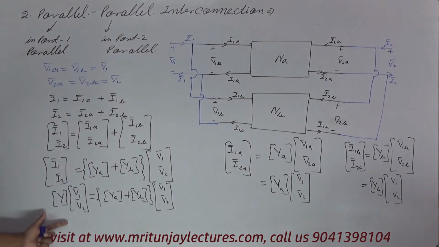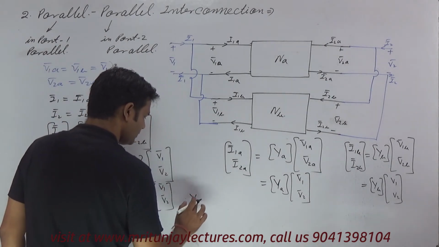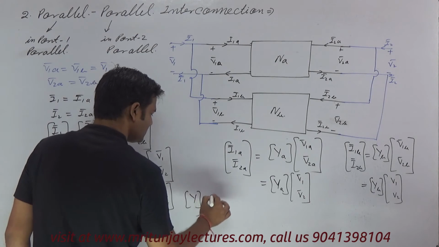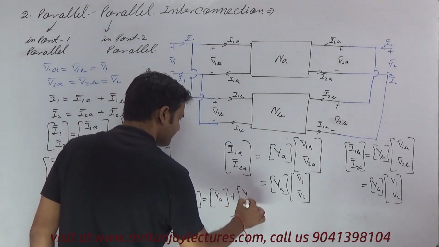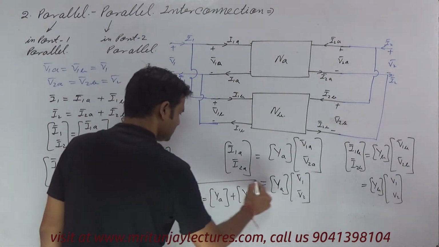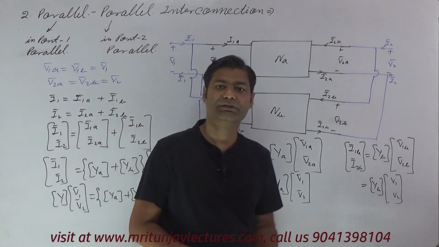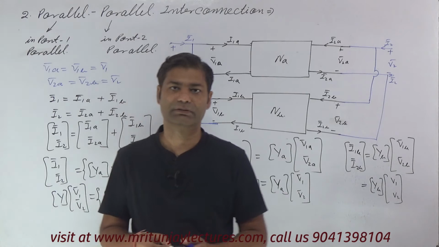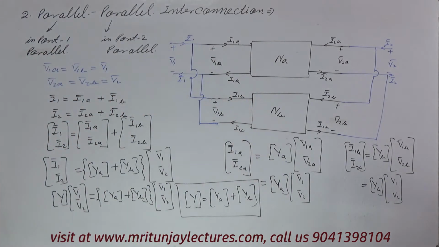Okay, now compare, we finally got overall Y is equal to YA plus YB. Very simple. Means if parallel interconnection, then we get the Y parameter, and the Y parameter is YA plus YB. First of all, make it.